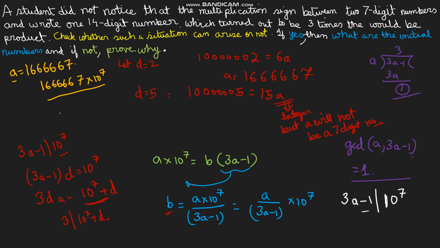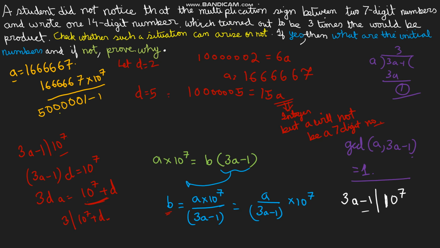So on calculating this 3 times, what will we get? Here 1, then we have 0, 0, 0, 0, 0, and here we can get 3, so 5 minus 1, and this is clearly 5 into 10 to the power 6, right?